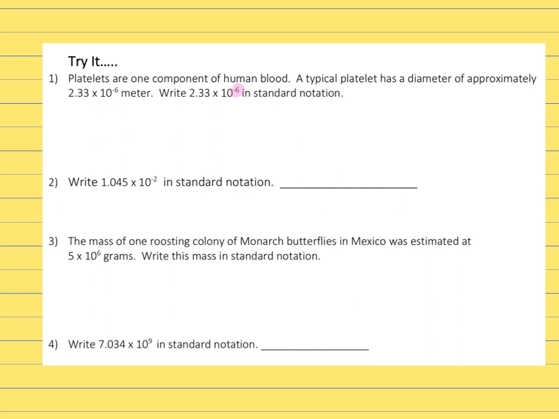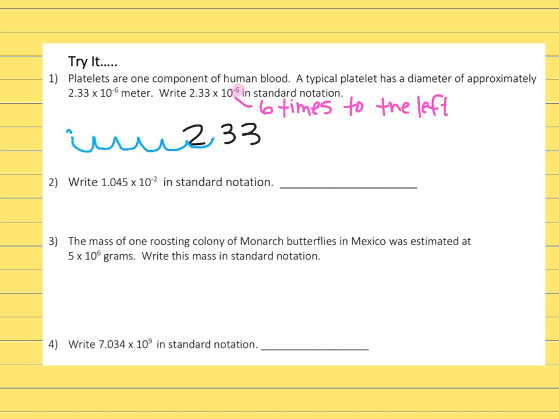So since the exponent is negative, I'm going to move the decimal point 6 times to the left. So the number originally, right now, 2.33, I need to move it 6 times to the left. 1, 2, 3, 4, 5, 6.